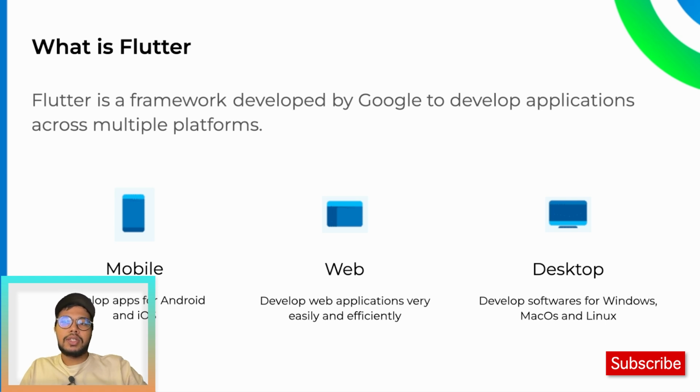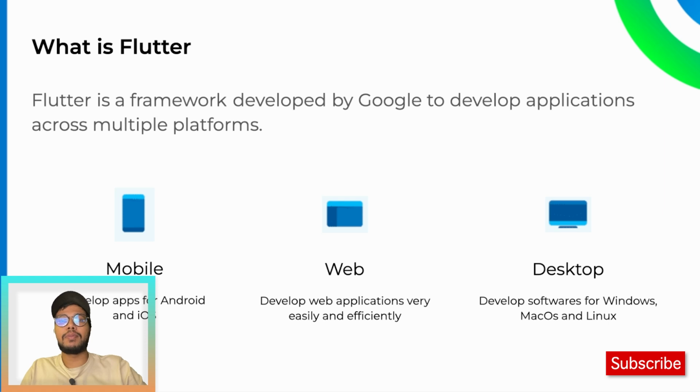So what this enables you to do is build a mobile app, and with the same code base you can deploy the mobile app into a web format and also as desktop software. That's the whole purpose of Flutter. It enables you to type code once and deploy and use it multiple times, although you have to make certain tweaks.